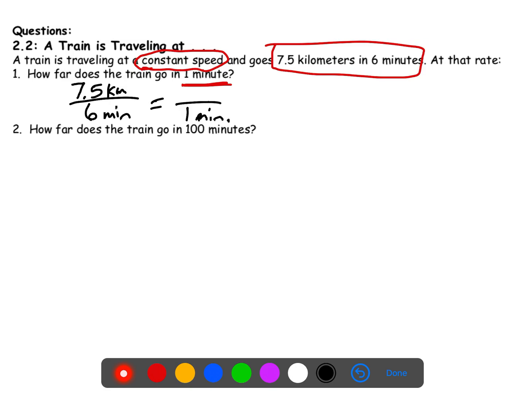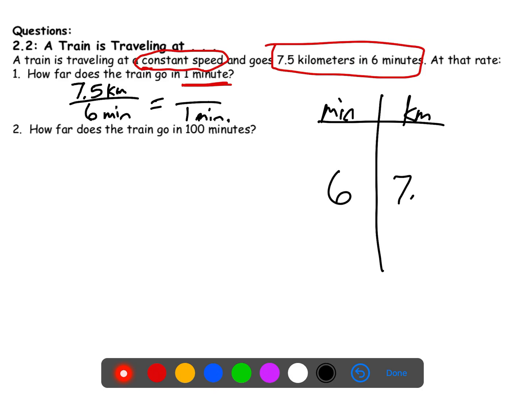And we could solve it that way. Most of the time when we had a problem like this, we made a table and we compared time, minutes, to kilometers, and we'd fill in that information that we're given. And then we'd go to find the unit rate.